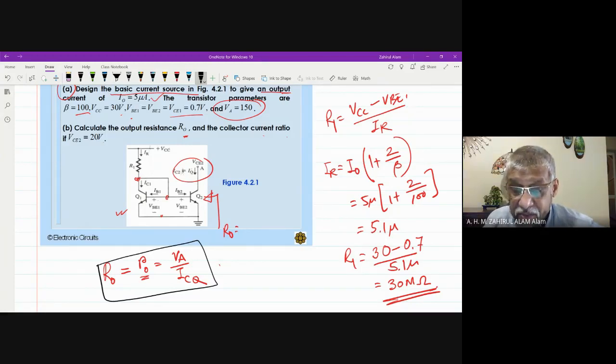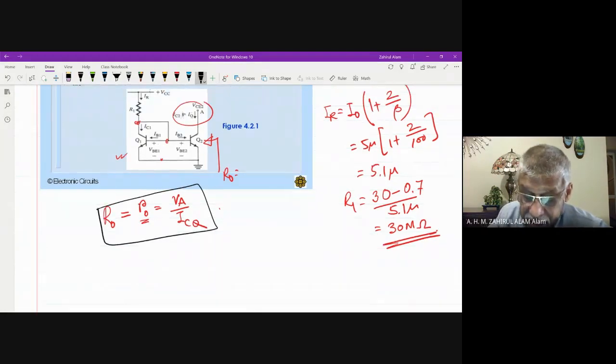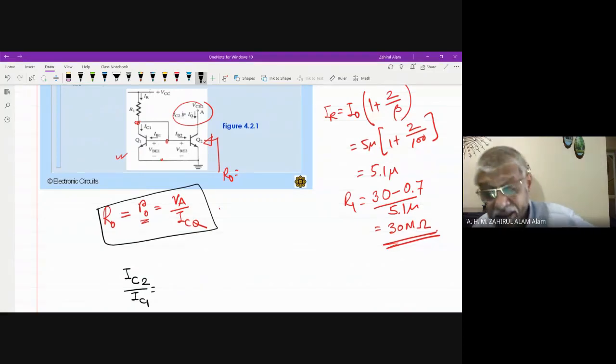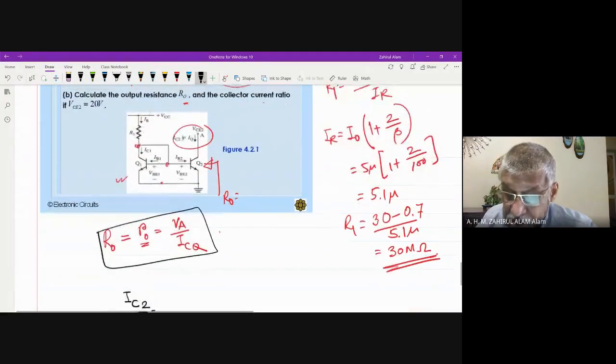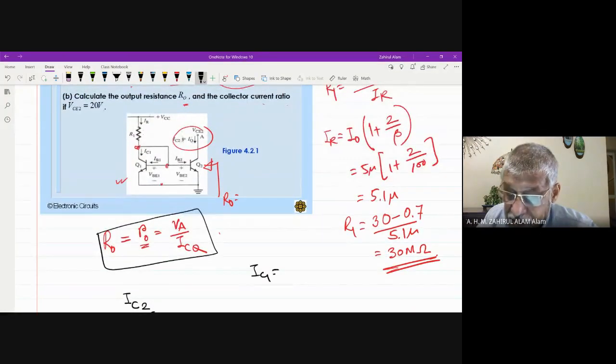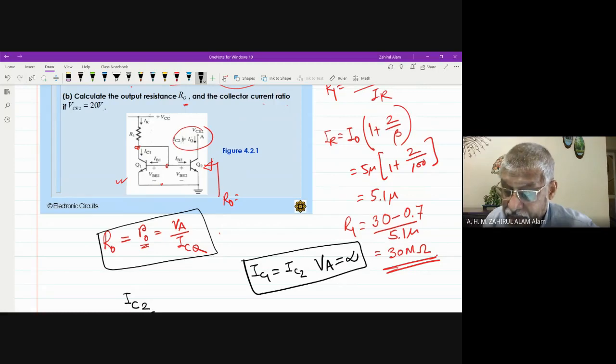But the next question mentioned, find the collector current ratio, IC2 over IC1, or I can write IC1 over IC2. Previously we mentioned IC1 is equal to IC2, in which case we considered VA equal to infinity.